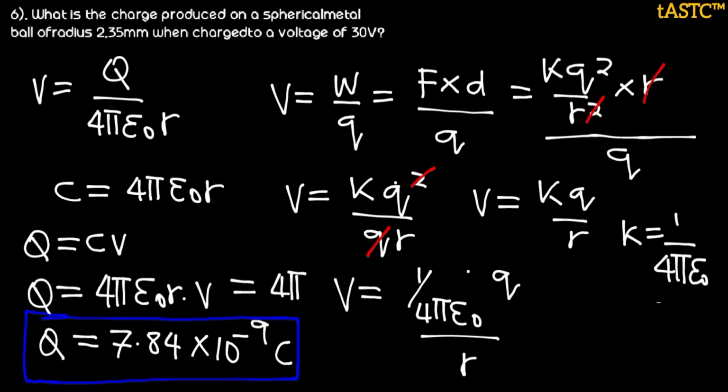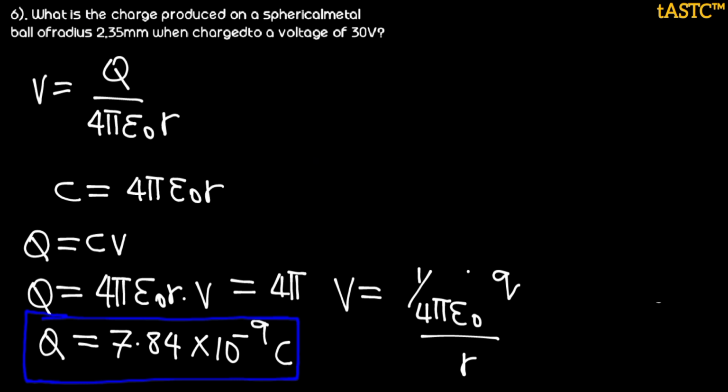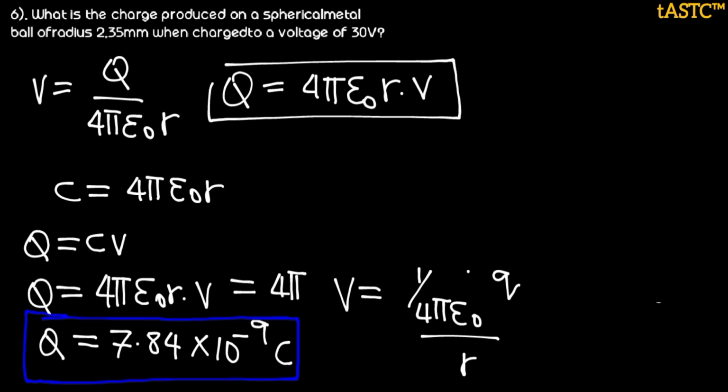If you plug in your values here, you're going to get this same answer. So that is basically the same thing. From here, we can see it clearly. In order to get Q, you need to multiply this with this. Q will be equal to 4 pi E naught R multiplied by V. And that is the same formula as what we got here.